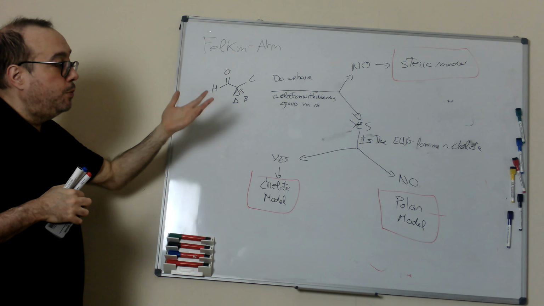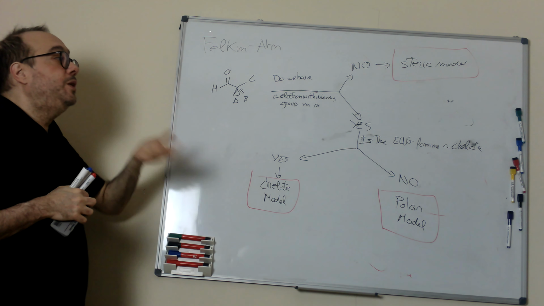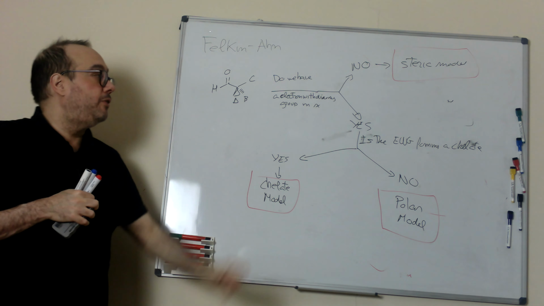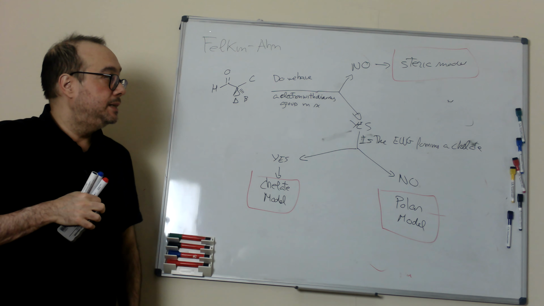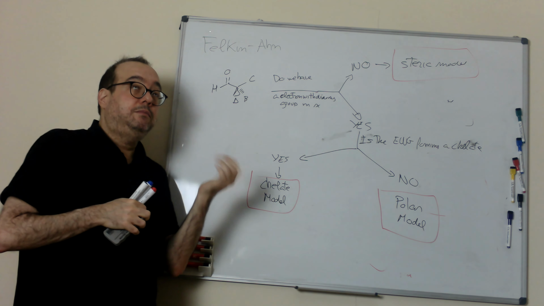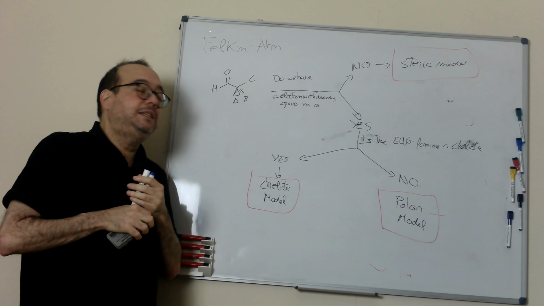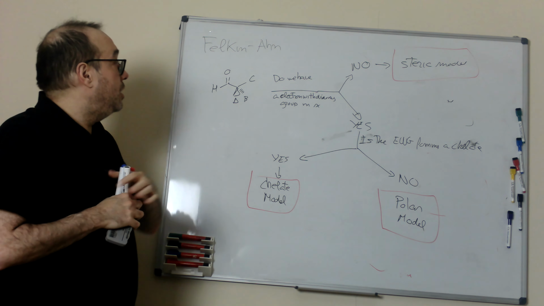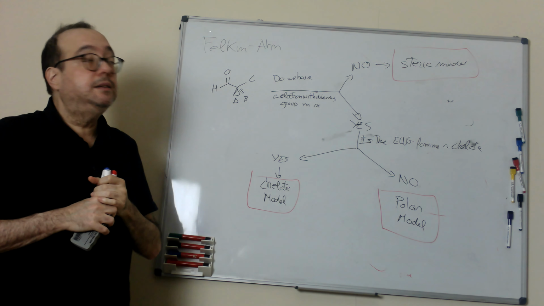This is how we can know which will be the major diastereomer when we are adding a nucleophile to a carbonyl group. It's something that some of you have seen last semester or last year, but if not, basically it's very easy.